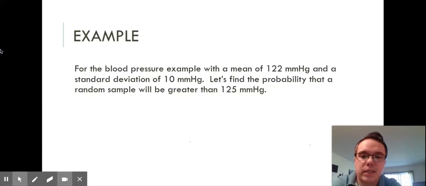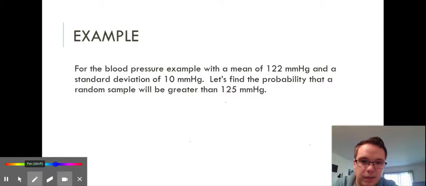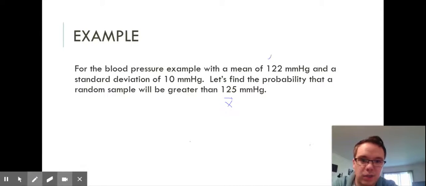All right. So for our blood pressure example with a mean of 122 and a standard deviation of 10, we're going to find the probability that a random sample mean will be greater than 125. Remember, this is our x bar, this is our mu, this is our standard deviation.